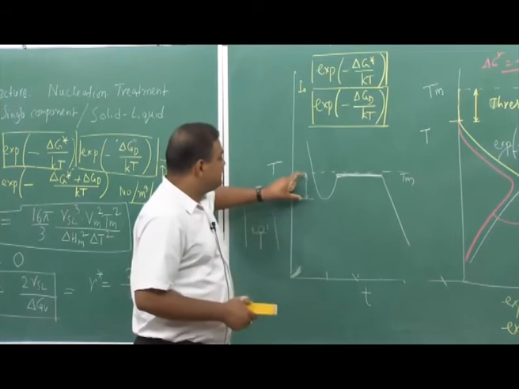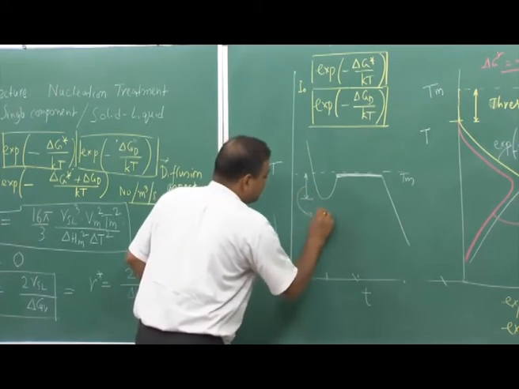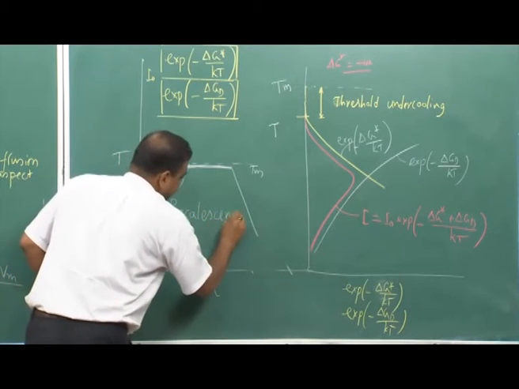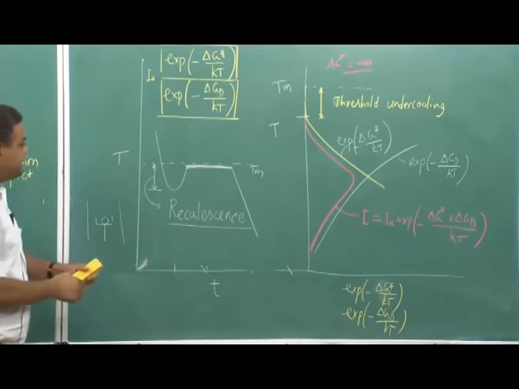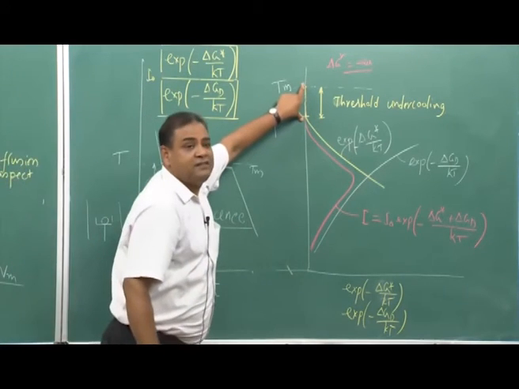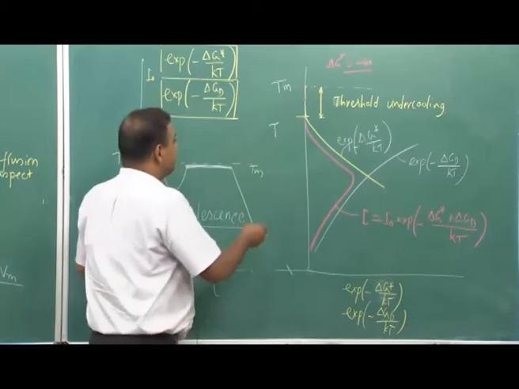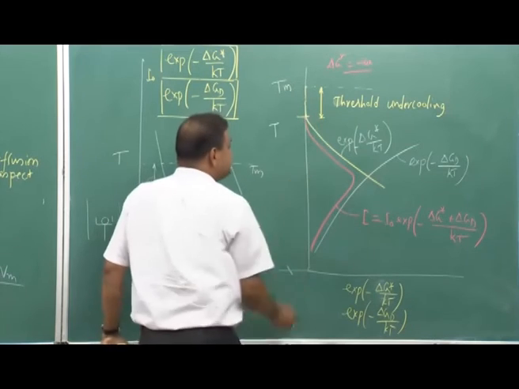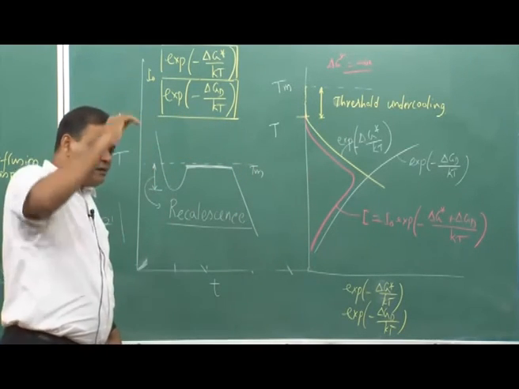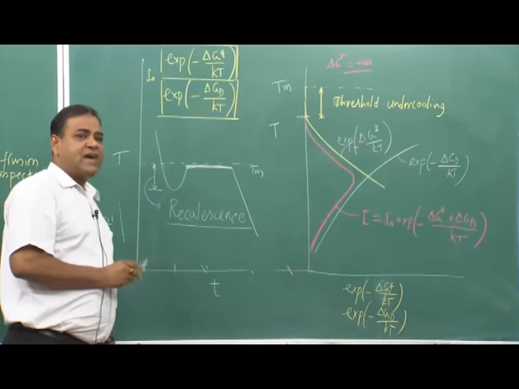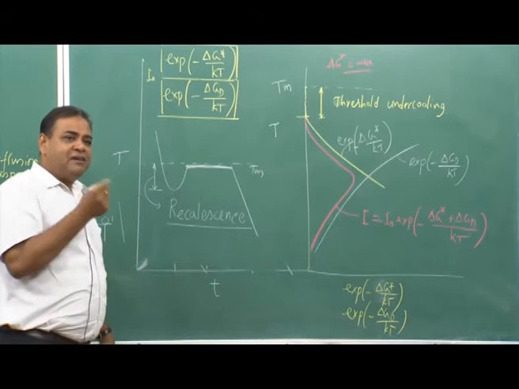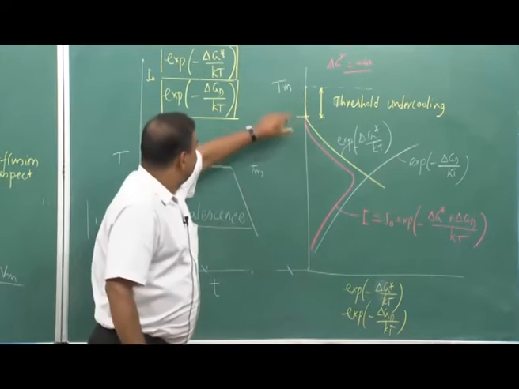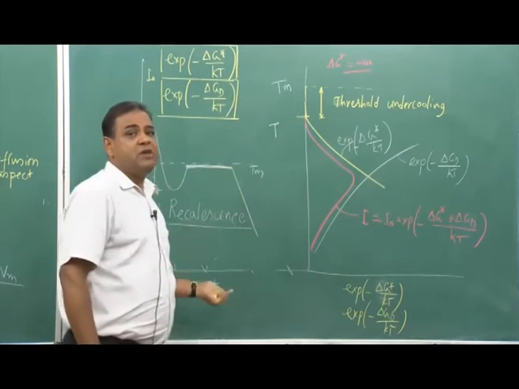That is why we call this recalescence. Now if we see the I variation, it is like this. So until we go a little below the melting point, we cannot have any existence of a nucleus.